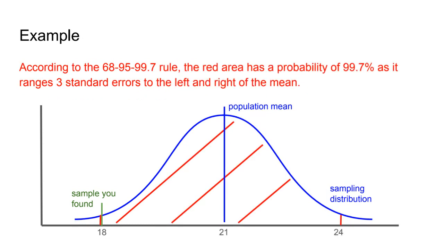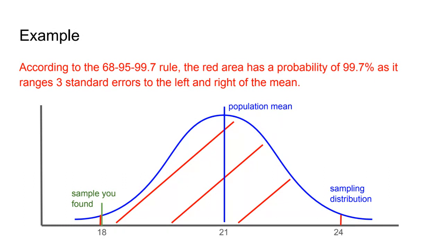So the red area is everything that was not the pink area before. And we can use the 68, 95, 99.7 rule because in this particular case, 18 is 3 standard errors below the population mean, and 24 is 3 standard errors above the population mean.